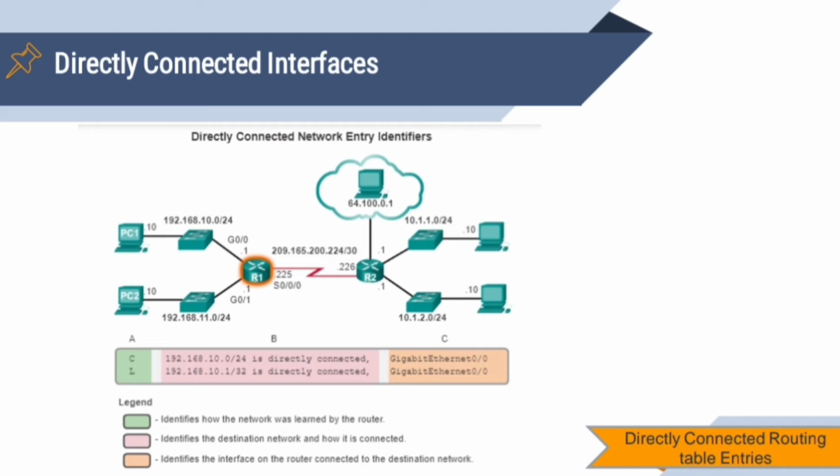The figure displays the IPv4 routing table entries on R1 for directly connected network 192.168.10.0. The routing table entry for directly connected interfaces is simpler than the entries for remote networks. The entries contain route source, destination network, and outgoing interface.